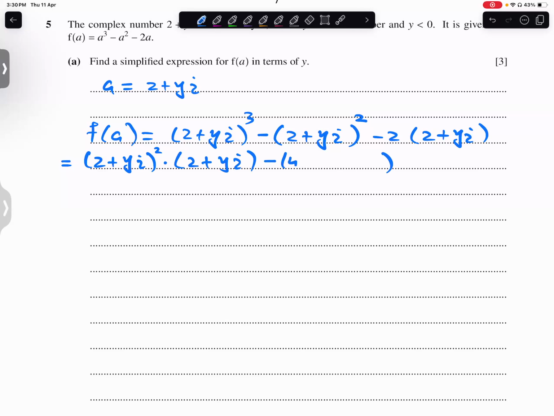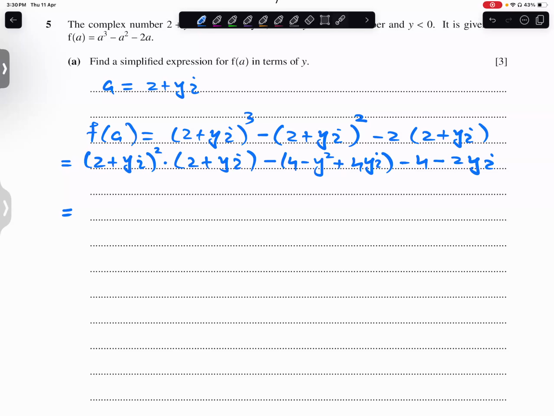So 2 square will be 4 plus, students, when you put (yi) whole square, this will be y square i square, so this will be minus y square because i square is minus 1. So I'm writing directly 4 minus y square and then plus 2ab, which is 4yi, minus 4 minus 2yi.